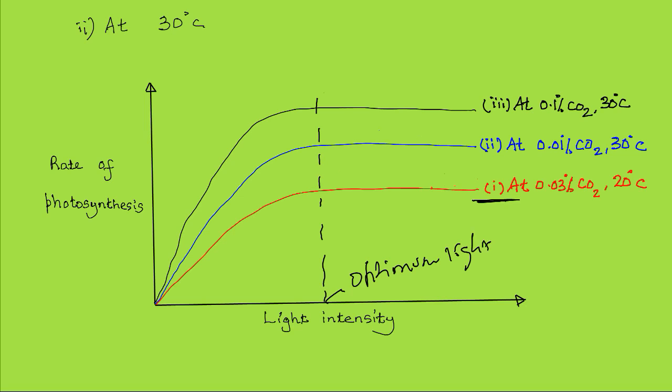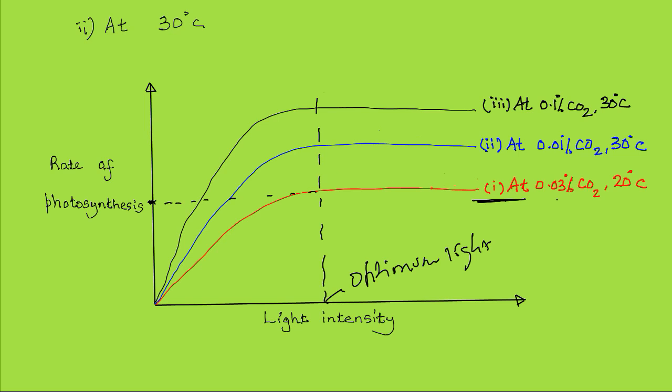Now, for comparison, when the temperature was 20 degrees C and the CO2 level was at 0.03%, this is the fastest rate of photosynthesis attained.